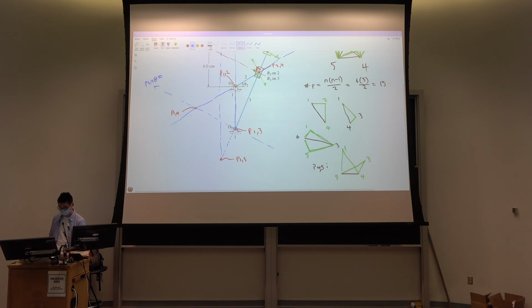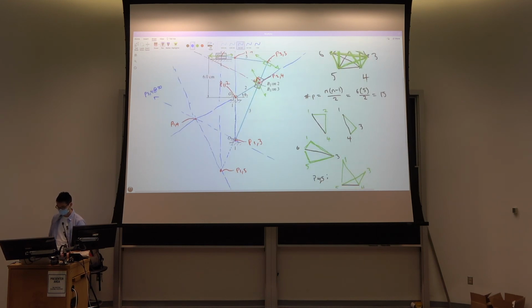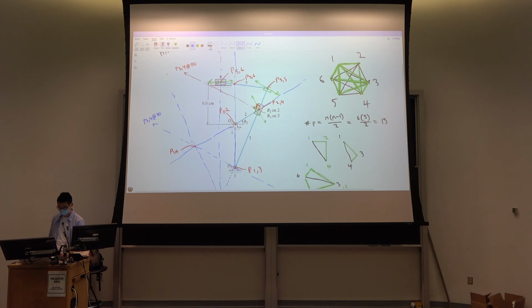P14 and 1, 5. So it's somewhere along this line. Not sure where yet. And 3, 4 and 3, 5, where are those? So 3, 4 is off at infinity, and 3, 5 is here.